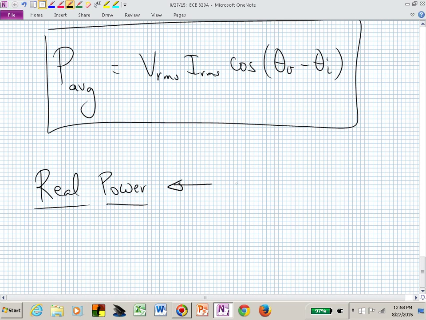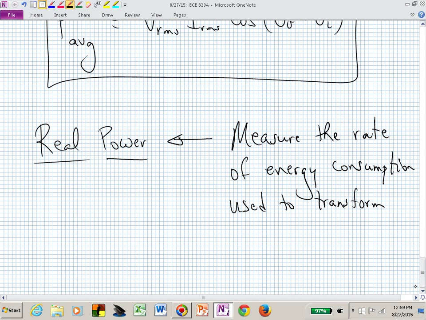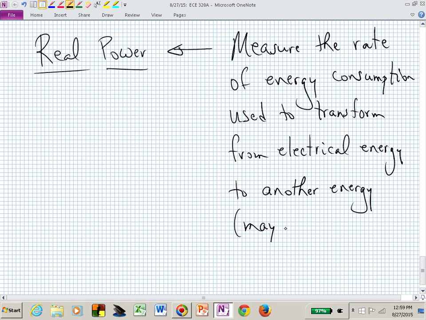This is what measures the rate of energy consumption, let's say used to transform from electrical energy to another energy, where that other energy may be non-electrical.